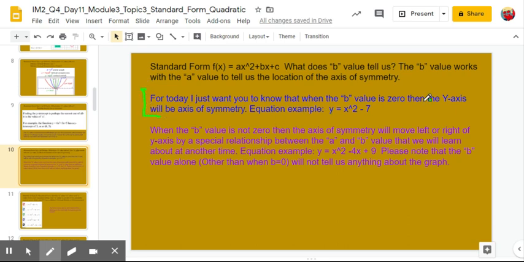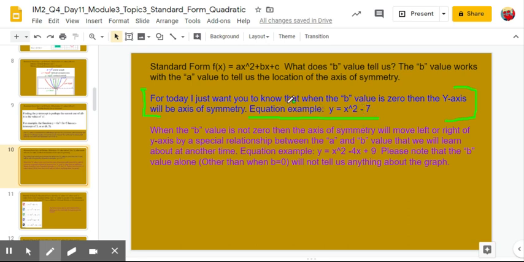If the b value is 0, then the y-axis will also be the axis of symmetry for that parabola. So an example of that would be something like y equals x squared minus 7. You notice how there's no x to the first degree? Well, that's because the b value is 0. 0 times x to the first degree would always be 0. So we don't have to show that in our equation.